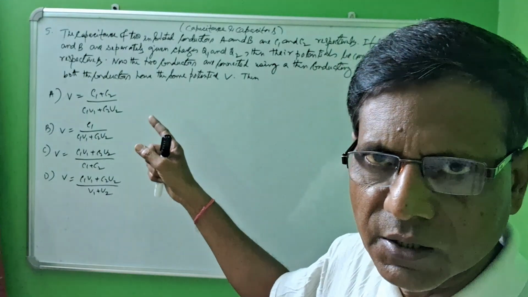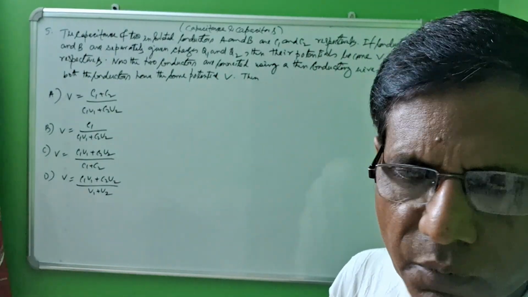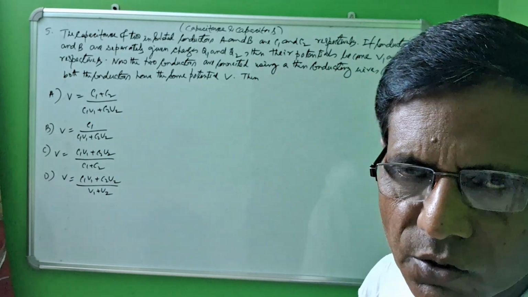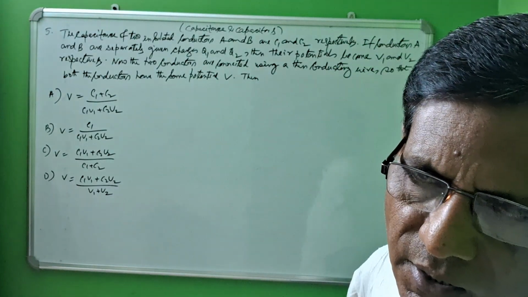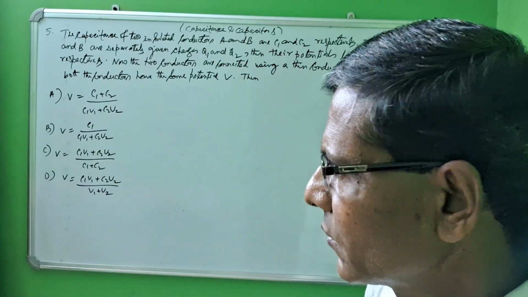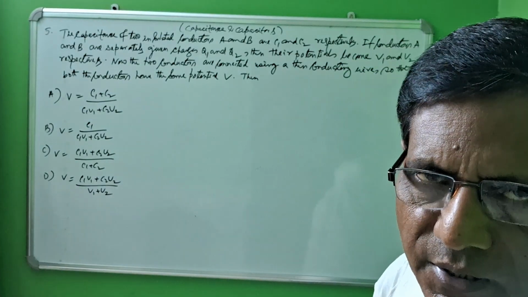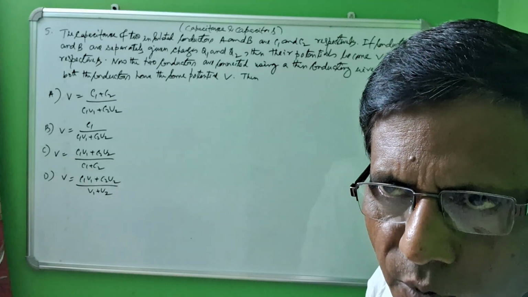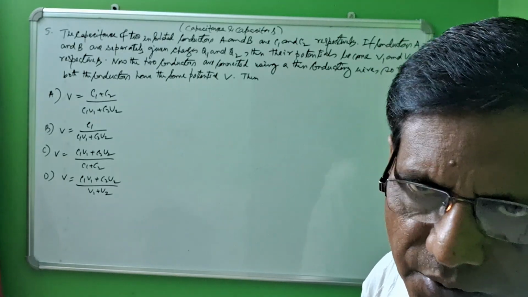Before connection, the total charge was Q1 plus Q2. After connection, the total charge is also Q1 plus Q2, because after joining, the potential of both the capacitors is V.